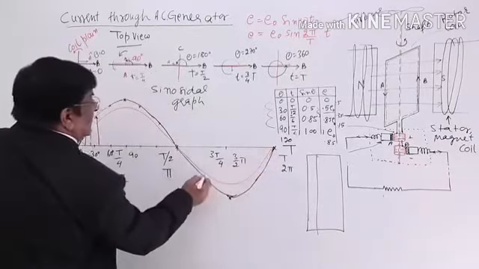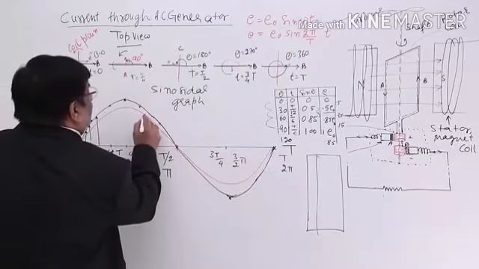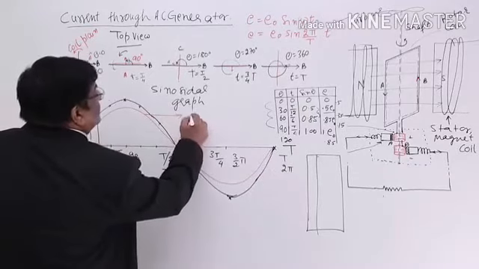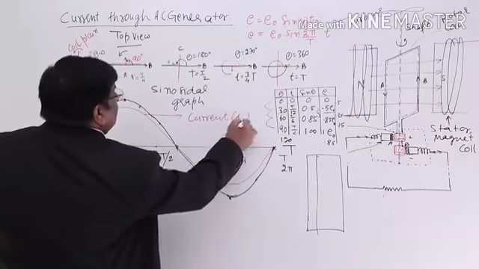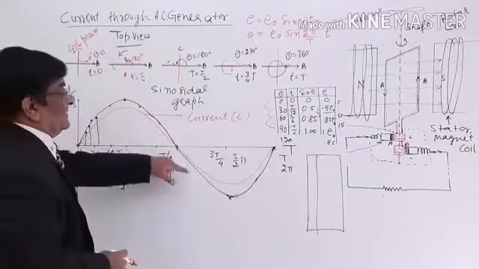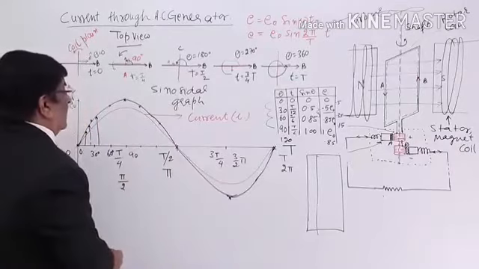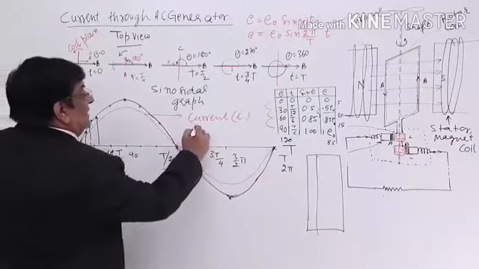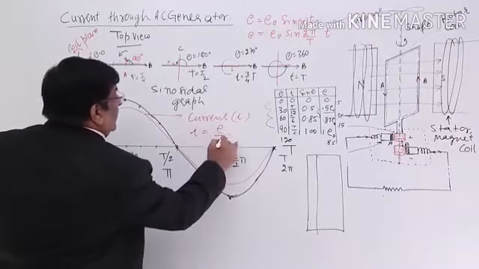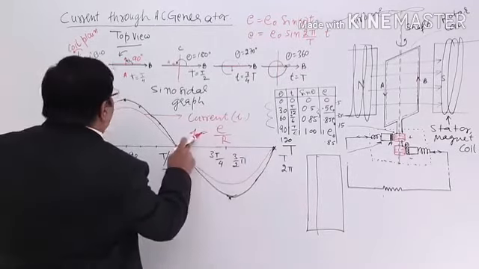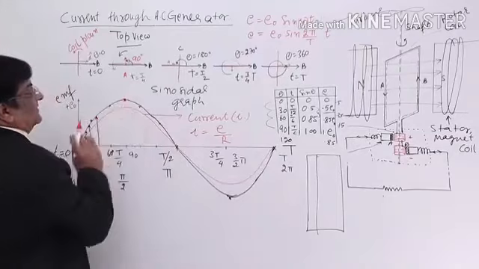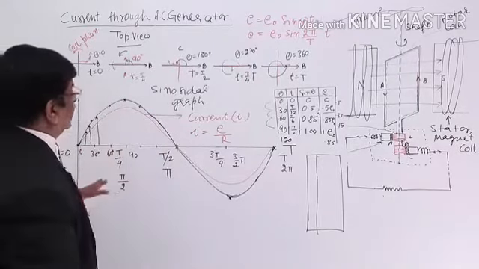This is again a sinusoidal curve. This is current I. This is the graph of current. It is also sinusoidal, and this current I is equal to what? E upon R. So E divided by something will become smaller, that is why it is smaller as indicated here.